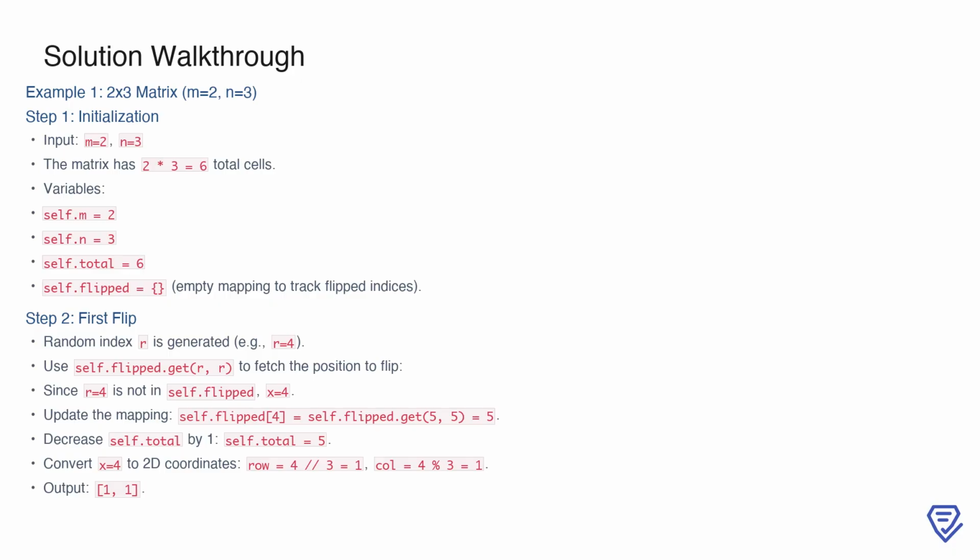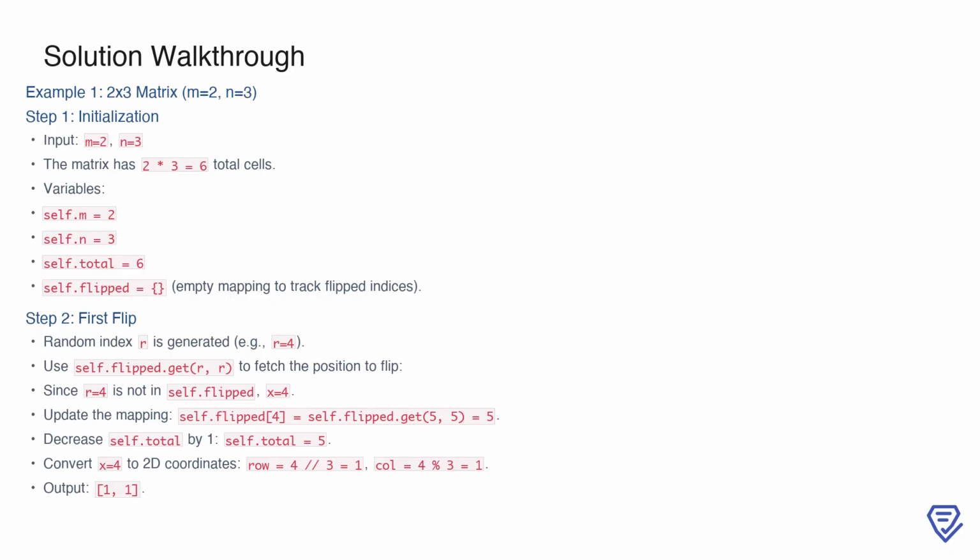Now, for the first flip, a random index r is generated. For example, let's say r equals 4. We use the self.flipped.get method to determine the actual position to flip. Since the index 4 is not yet in our flipped dictionary, it maps to itself, so x equals 4. Next, we update the mapping by setting self.flipped[4] to the value of self.flipped.get(5, 5), which is 5.